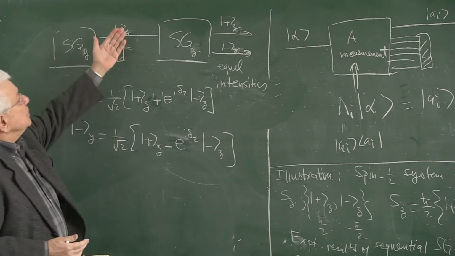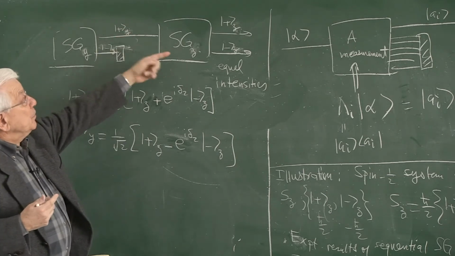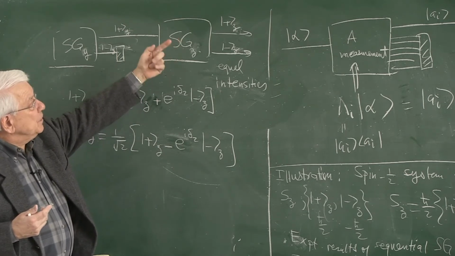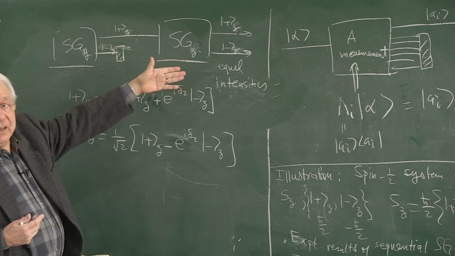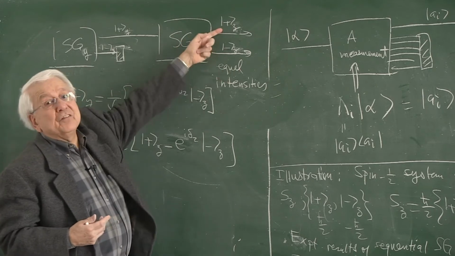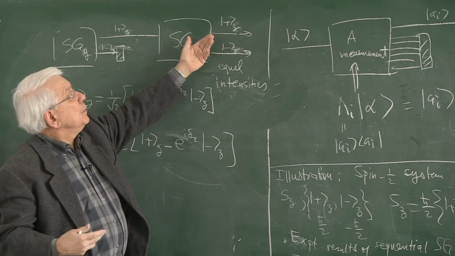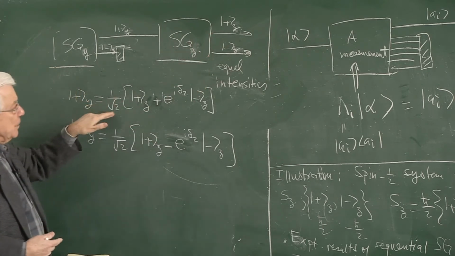Argument was that this is an arbitrary input. It could have been anything, this being an arbitrary as far as this is concerned. There are the bases associated with this one as plus and minus Z. We expand this in terms of those and impose the condition that they must be normalized. And they come out with equal intensities, 50%. The magnitude of the projections are 1 over square root of 2, 1 over square root of 2, gives us this.